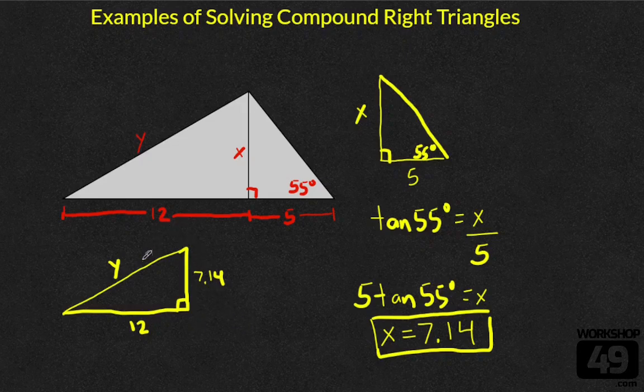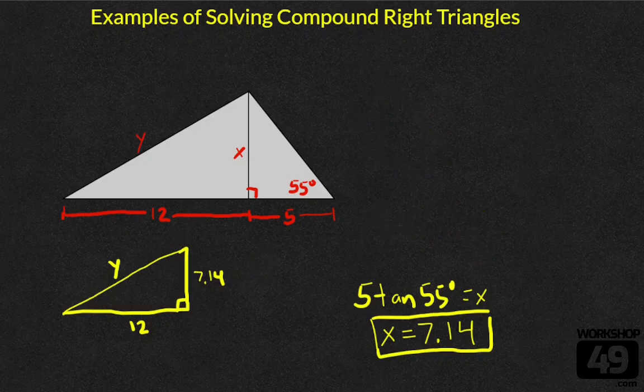If you have been asked to solve this, it isn't so scary. It's not a big compound triangle. It's one little triangle where you know two sides, and we have been asked to solve this hypotenuse. I'm going to clean up some space, and we're going to solve for y.